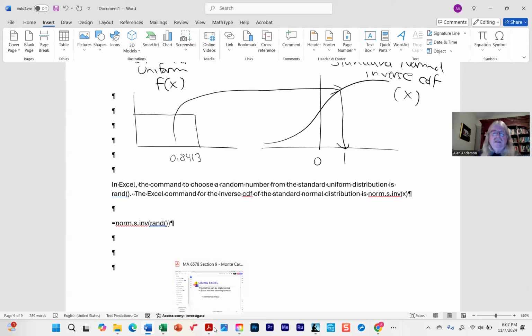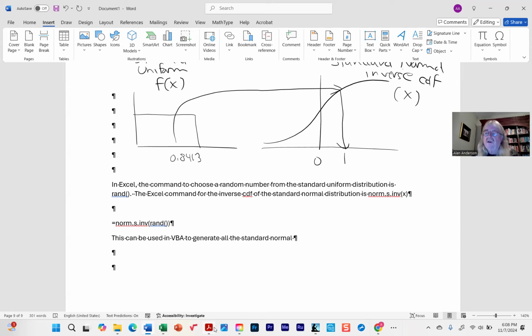And because it's Excel, this can be used in VBA to generate all the standard normal random variables that we need for a Monte Carlo simulation, because the model that we'll be using, the Black-Scholes model, is going to require normal random numbers.